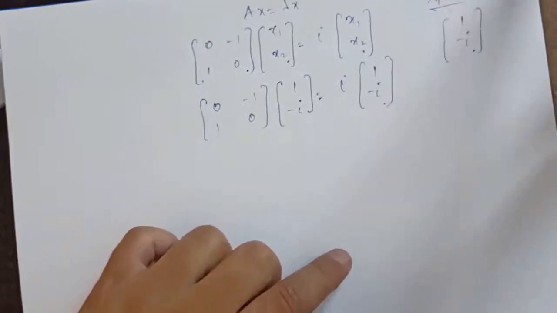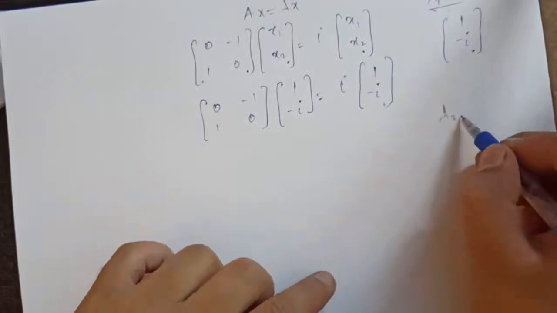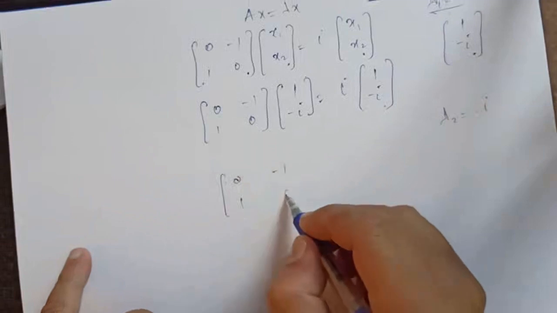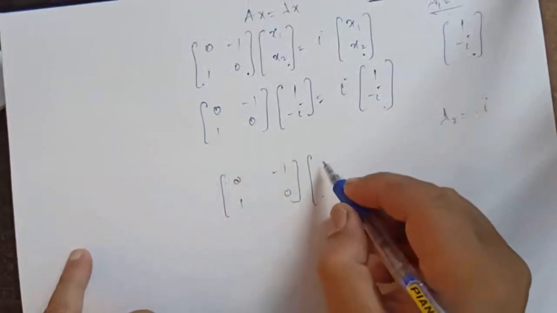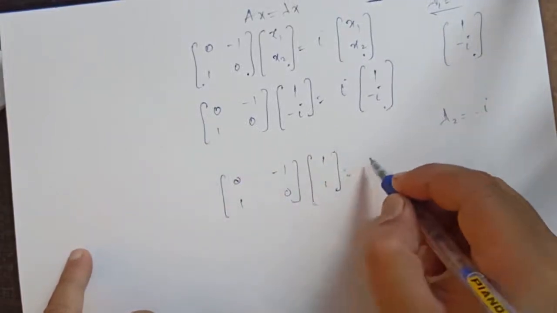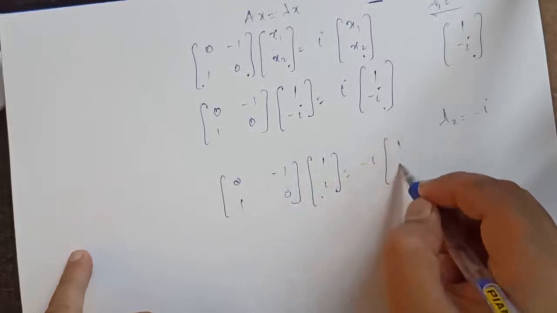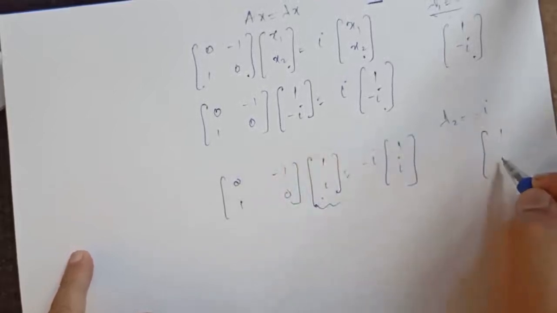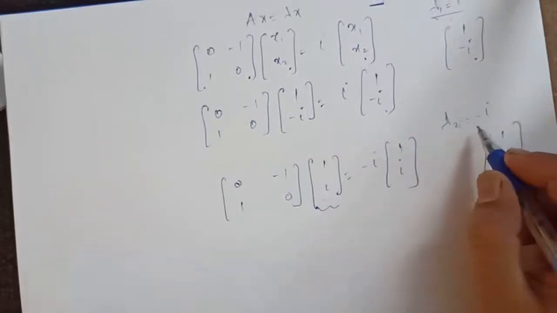Similarly, you can calculate for lambda 2 equals minus i, and you'll find that because it's a very simple 2 by 2 matrix, the result is 1 and i, and this is correspondingly the eigenvector for lambda 2.